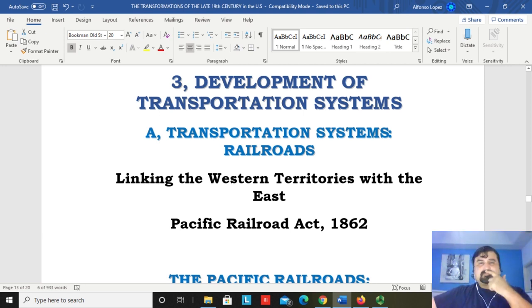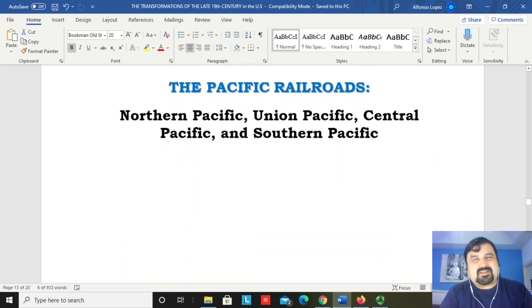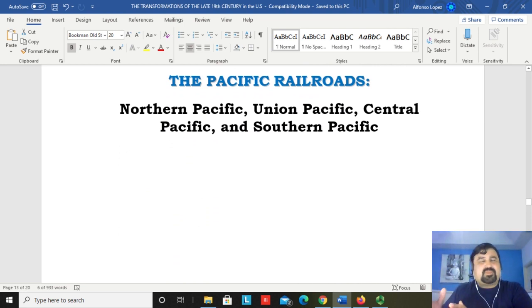Okay, so the development of transportation systems occurred through the passing of congressional legislation, otherwise known as the Pacific Railroad Act of 1862. In 1862, this is the same year when Congress passed the Homestead Act of 1862 to award land grants eventually to millions of American farmers in the West.